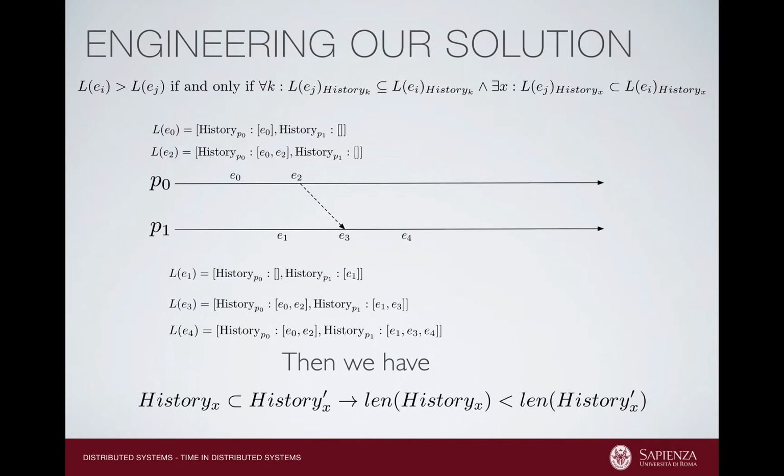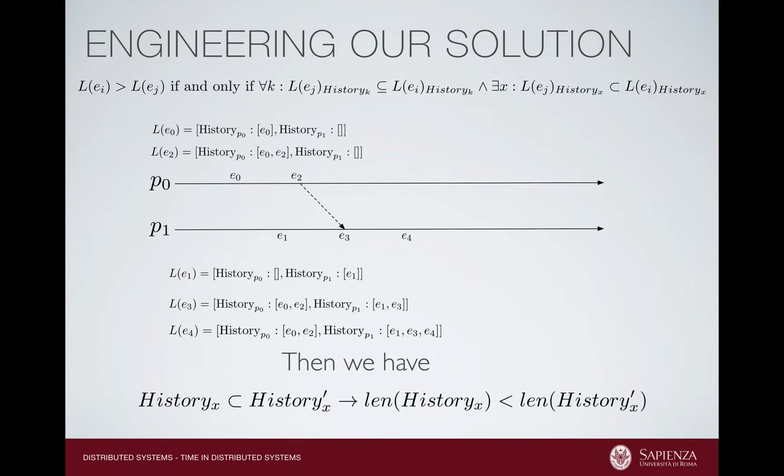So we can look at it on process P1. We have E3, E4, and the history of P1 on E3 contains just two elements. The history on process 1 of E4 contains three elements. And we can see that the smallest list is included in the largest one. So we can just use the length of the list to see this inclusion.